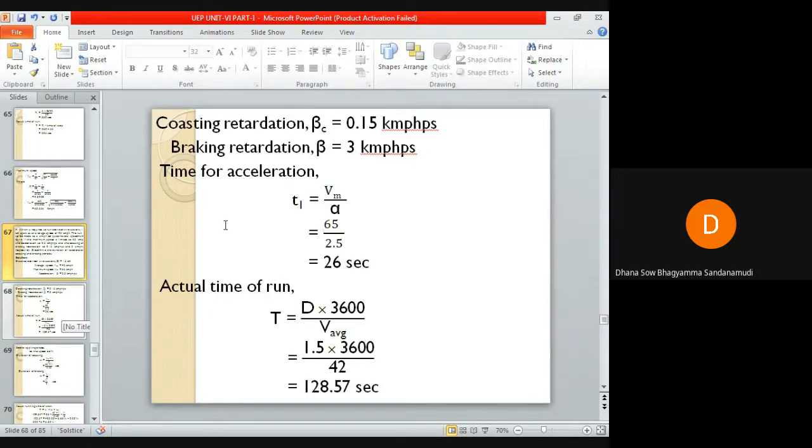Okay, so the actual time of run, the total time taken for the train to travel from one stop to another stop, let us assume it as capital T. T is equal to D into 3600 by V average. So D is already given, that is 1.5 kilometers, and V average is given, that is 42 kilometers per hour. So 1.5 into 3600 by 42, you will get 128.57 seconds. So the actual time of run for the train is 128.57 seconds.